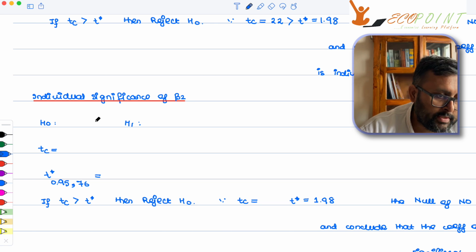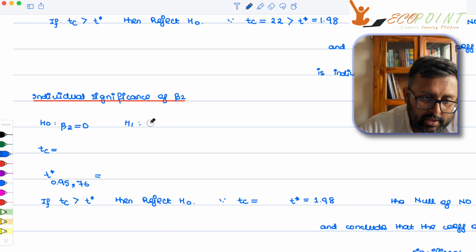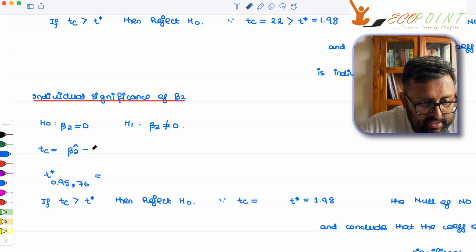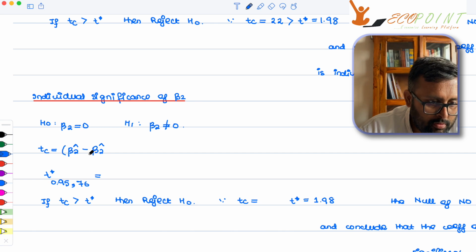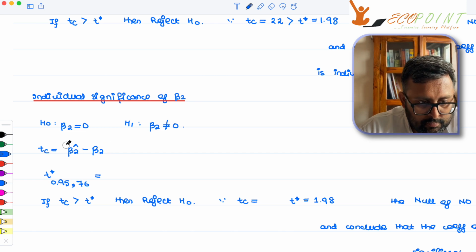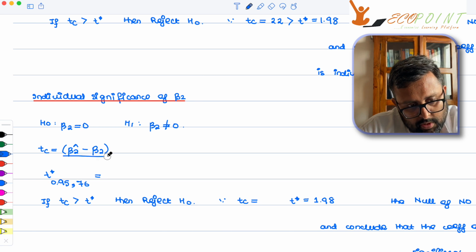So what is the null of beta 2? That it is equal to 0. Alternative is that it is not equal to 0. Calculated t is beta 2 hat minus null of beta 2 upon standard error of beta 2 hat.